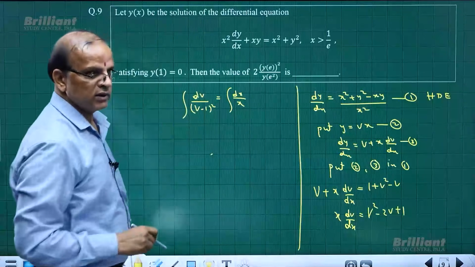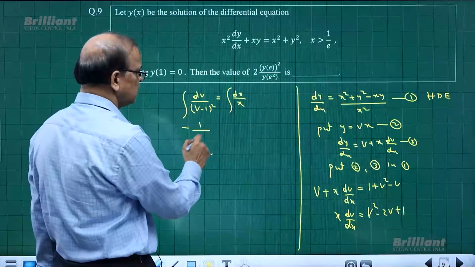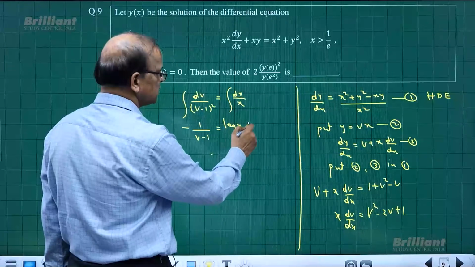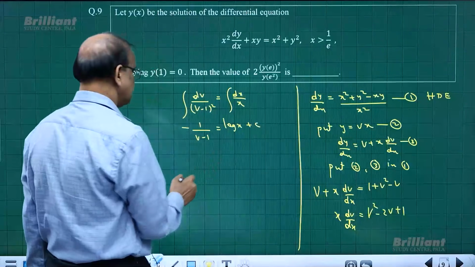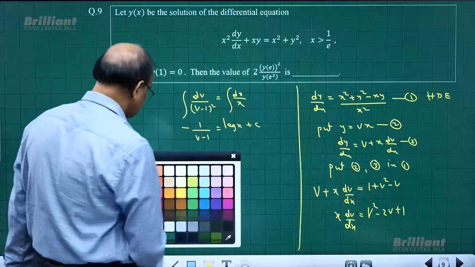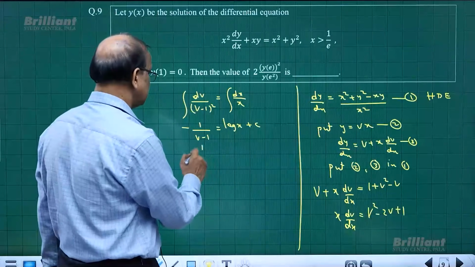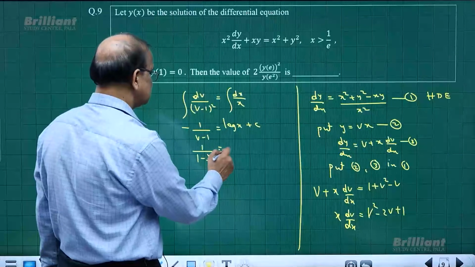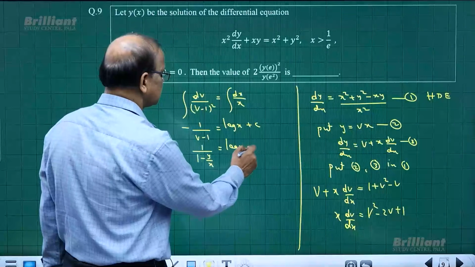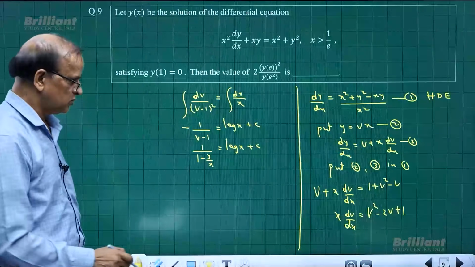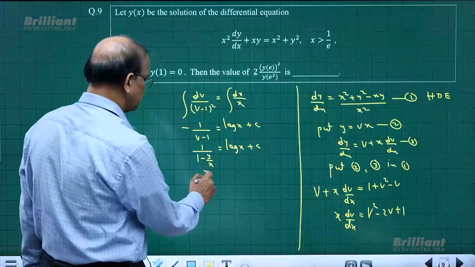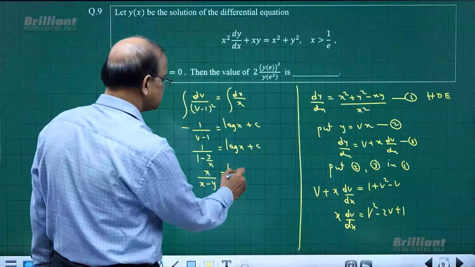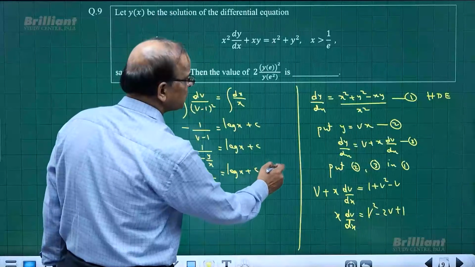Integrate, right? This is minus 1 by (v minus 1) is equal to log x plus c. Multiplying by 1 by (1 minus v), with v equal to y by x, x by (x minus y) is equal to log x plus c, equation number 4.